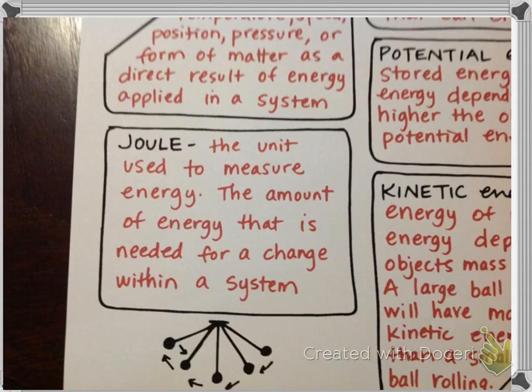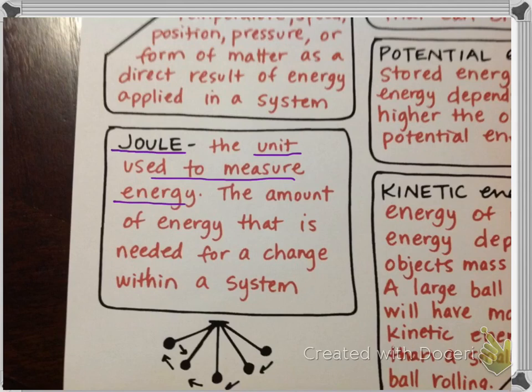And lastly, we have a term called the joule. This is the unit used to measure energy. So that's very important to understand. So, unit used to measure energy. The amount of energy that is needed for a change within a system.